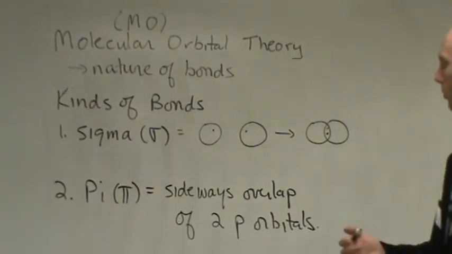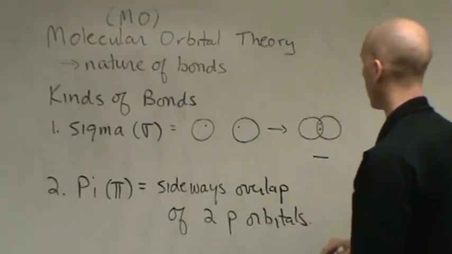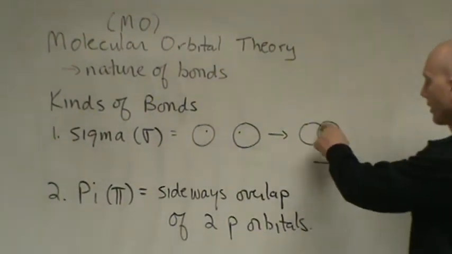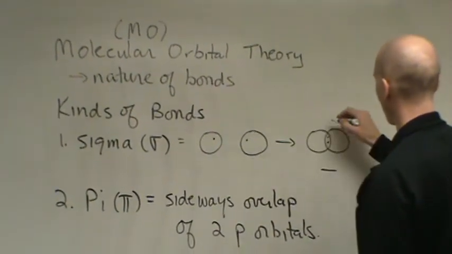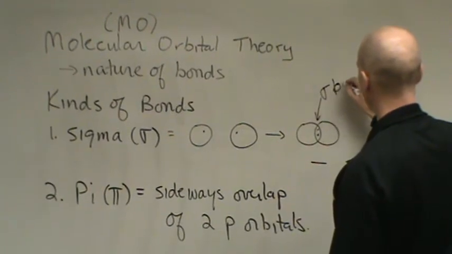And where those two electrons are shared, remember that is a bond. So here, this overlap would represent this bond, which we call a sigma bond.